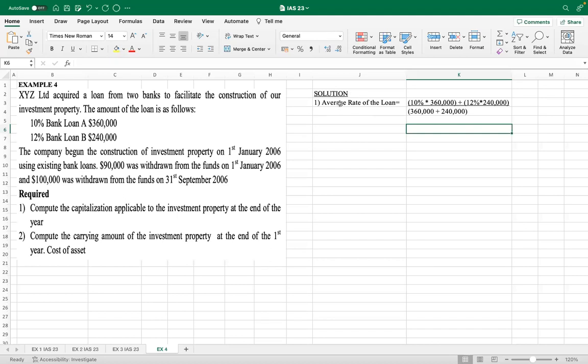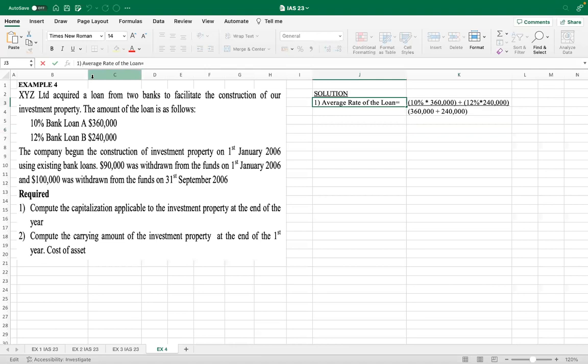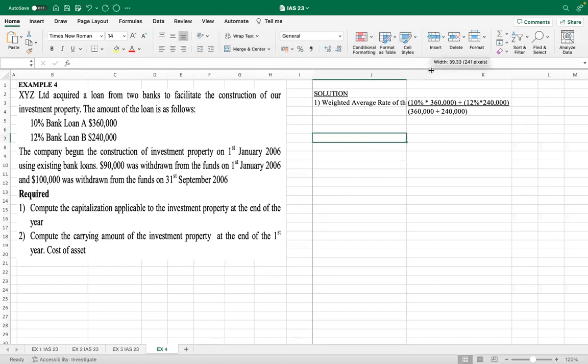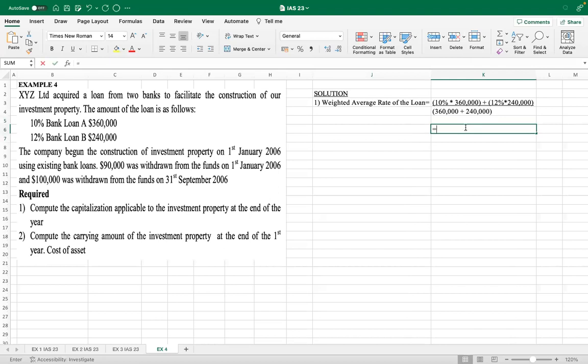Actually, it's supposed to be called the weighted average rate of the loans. Now, what is our weighted average? Let me do it. It is 10% times 360,000.